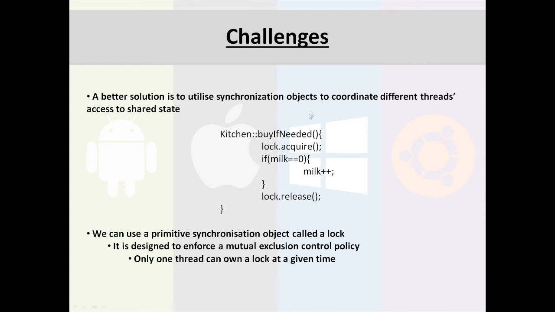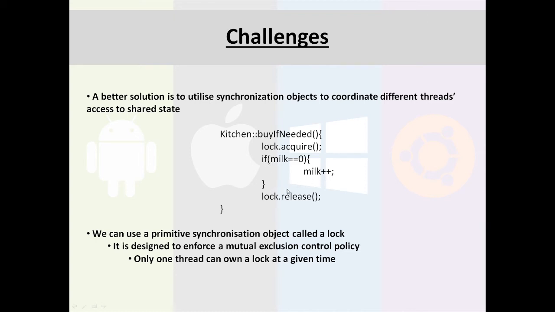So here we have a function called buyIfNeeded, and it says lock.acquire, and we'll see later exactly how this works. But if no other thread has the lock, then I will gain the lock, and then I'll be able to do this next part of the code, if milk is 0, milk plus plus.